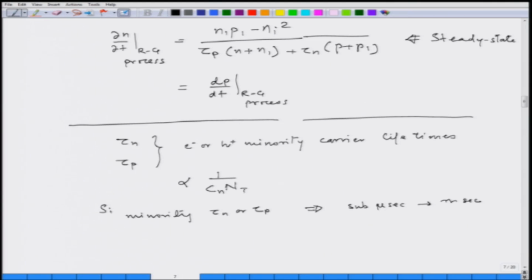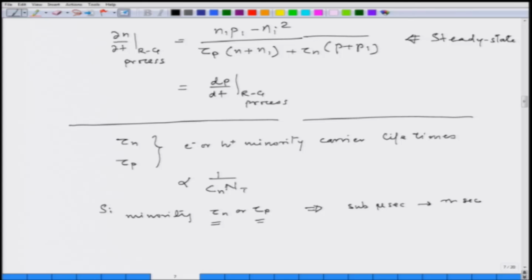So, depending on the purity level of the material, this material parameter tau n and tau p can have a huge difference. And depending on what the application is, you would like your carriers either to live for a very long time, or you do not want them to get annihilated even before they get collected by either electrode or have some subsequent action in terms of band to band transition or emission of light.